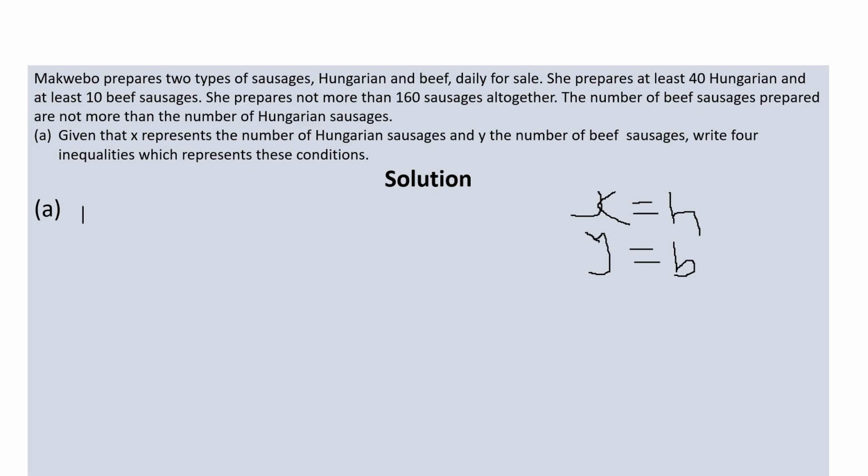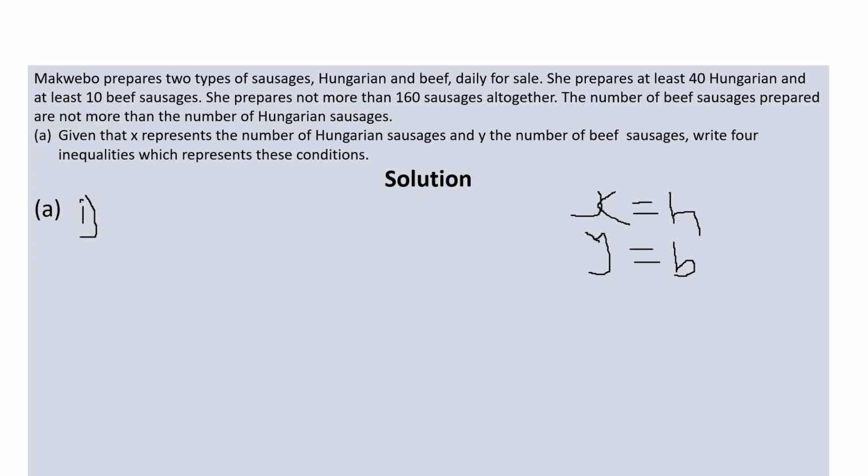To come up with the inequalities, we start with the first one. Makwebo prepares 2 types of sausages, Hungarian and beef, daily for sale. She prepares at least 40 Hungarian. We pause there.